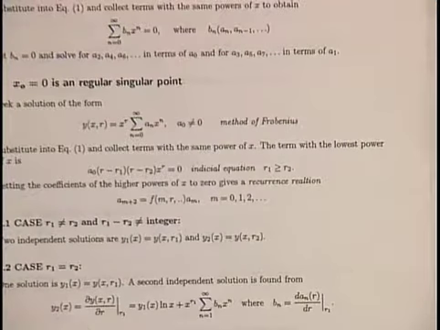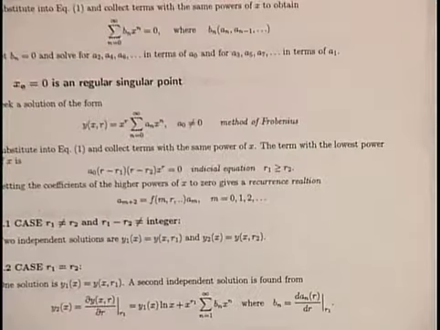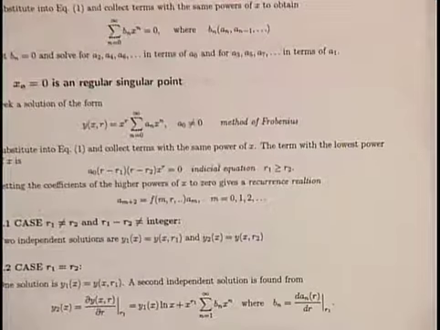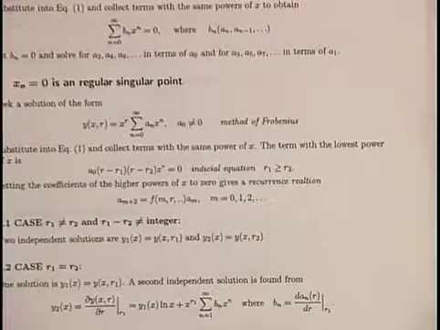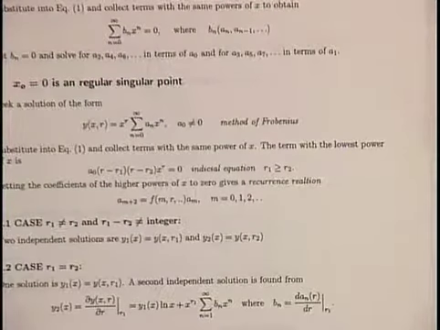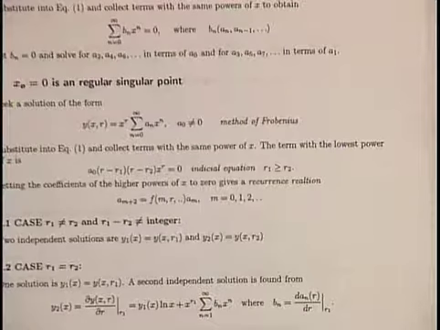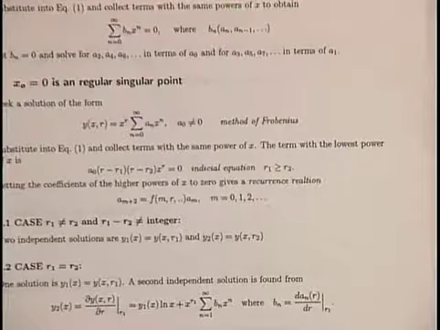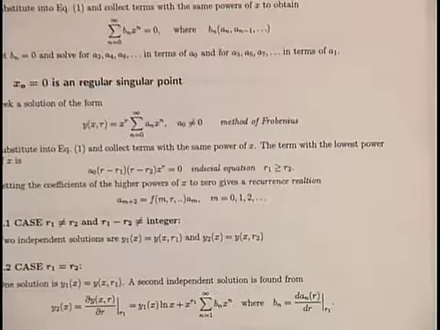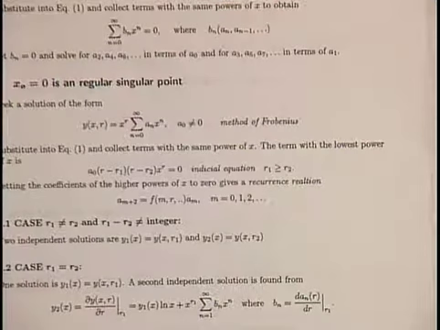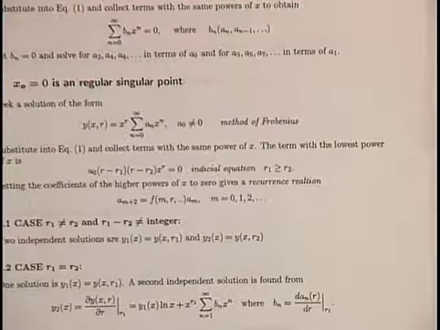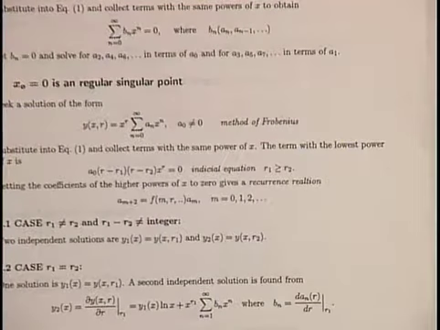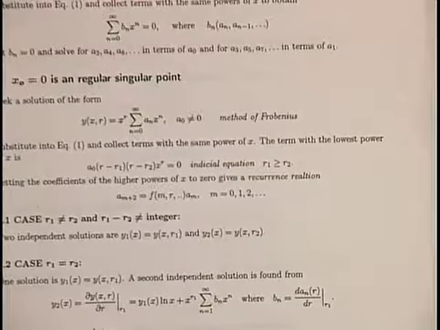But what if the 2 roots R1 and R2 are not equal, but they differ by an integer? In this case, we discover that the derivative of the function y evaluated at R1 will not give you a second unique solution. So we have to multiply by r minus R2, if you remember from last lecture, and then differentiate, and this is what you see here.